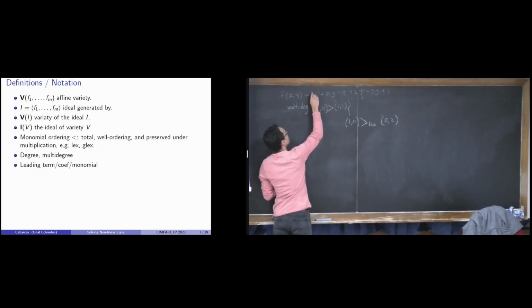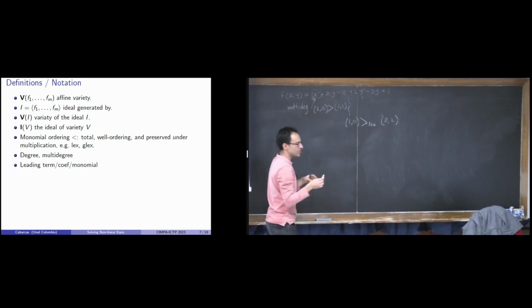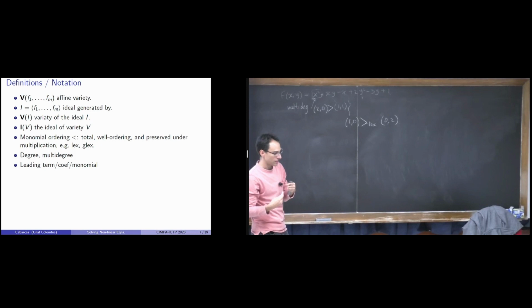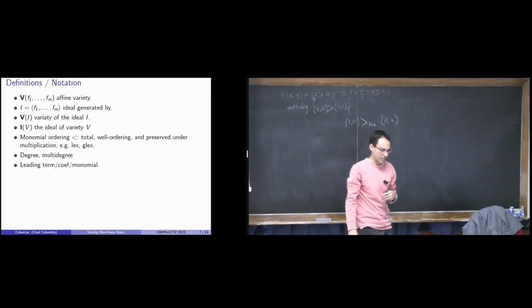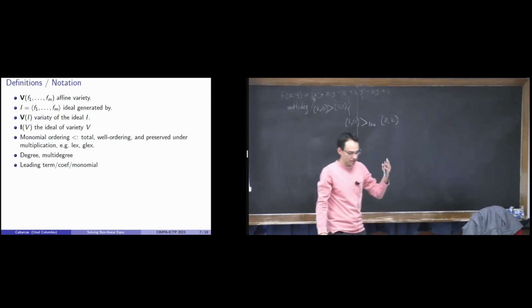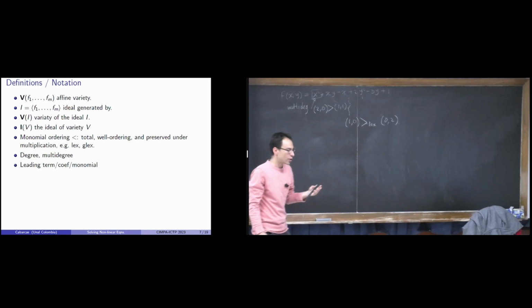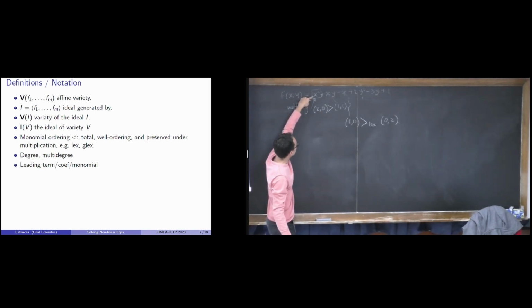The leading term of the polynomial is the term of highest order, which has the largest order. And then you also can talk about the leading coefficient and the leading monomial, which is the coefficient of the leading term or the monomial of the leading term.